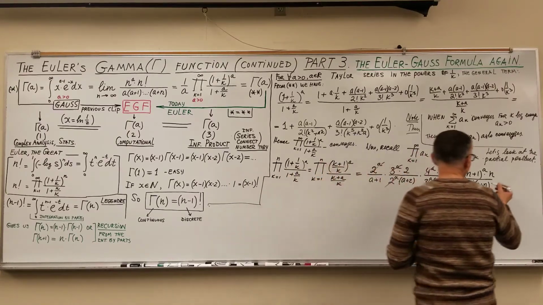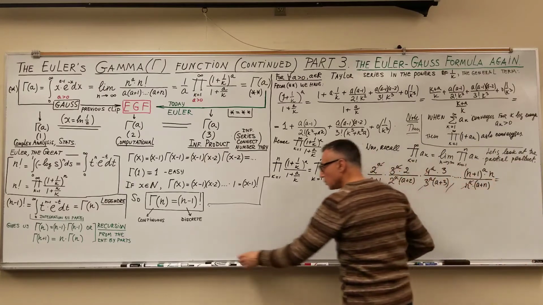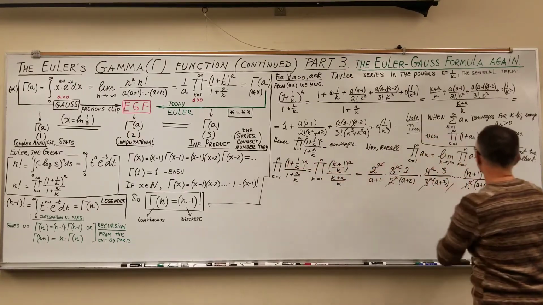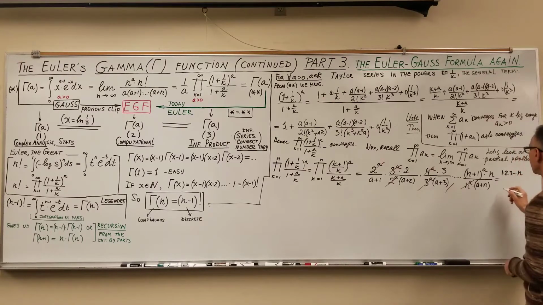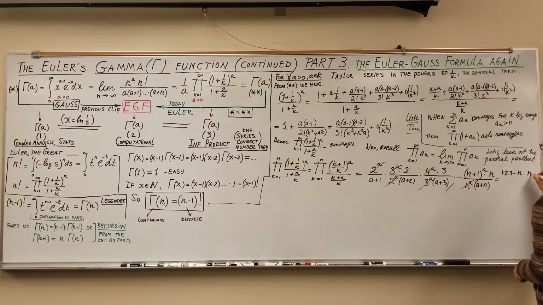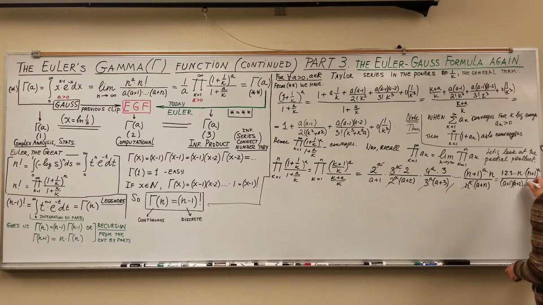Almost there. My numerator has the product 1, 2, 3 up to n, multiplied by n plus 1 power of a, over, here I have a plus 1, a plus 2, up to a plus n.